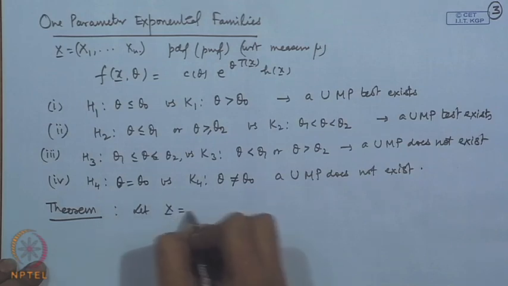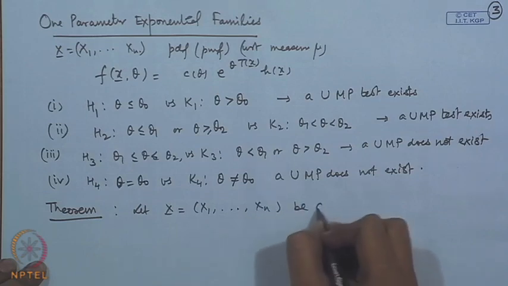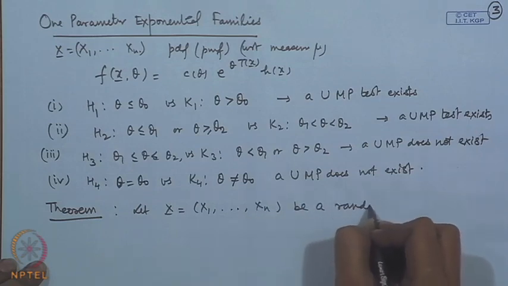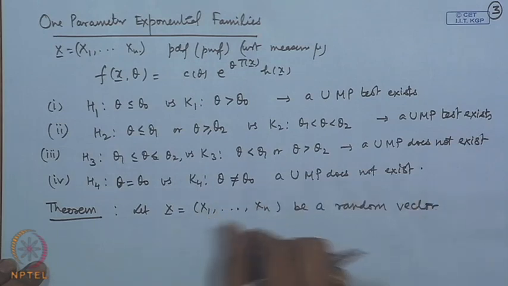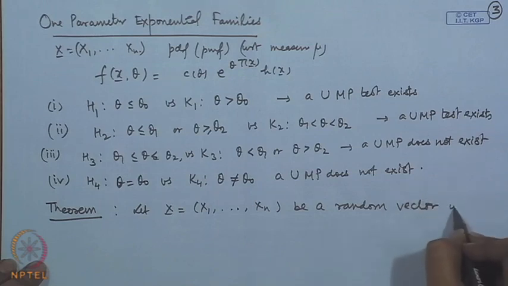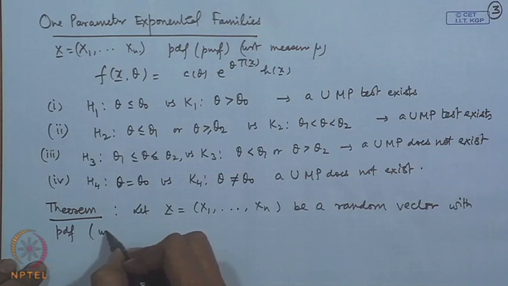Let x, so when we consider the random sample, we generally write the joint density. So, I am calling it a random vector with probability density with respect to some measure mu.